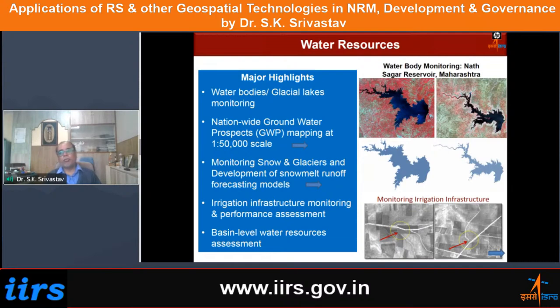Whereas the groundwater actually occurs much below the earth's surface. So there is no direct way of getting the information about the groundwater.